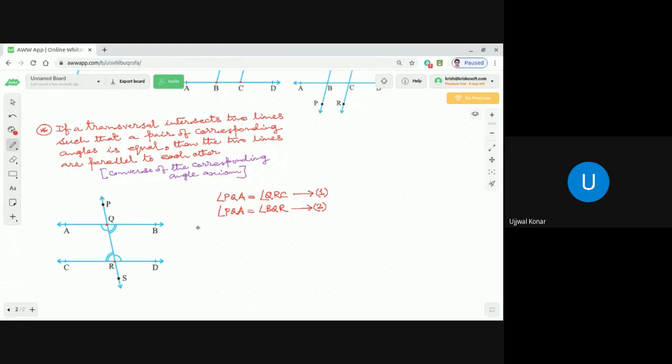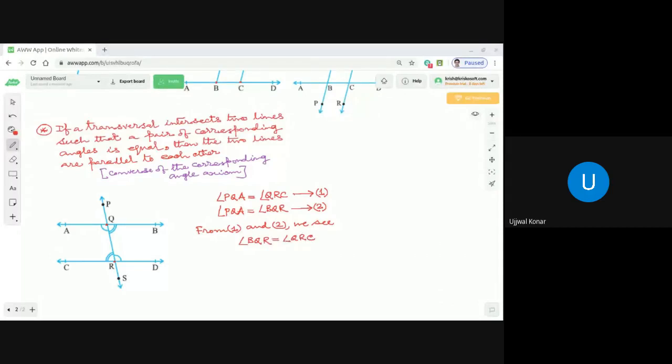Okay. So from 1 and 2, we see angle BQR is equal to angle QRC.